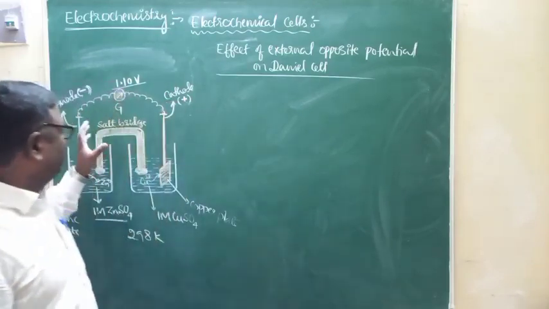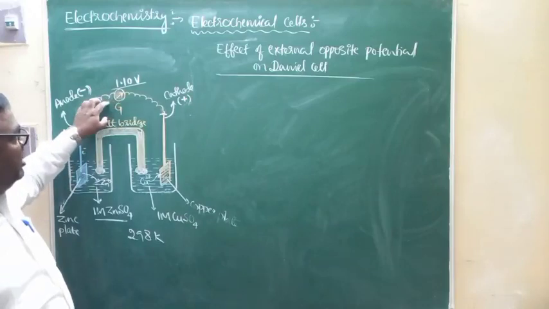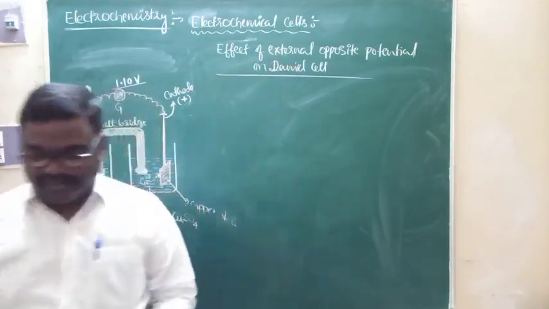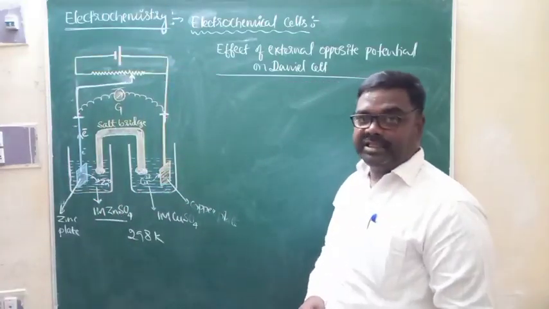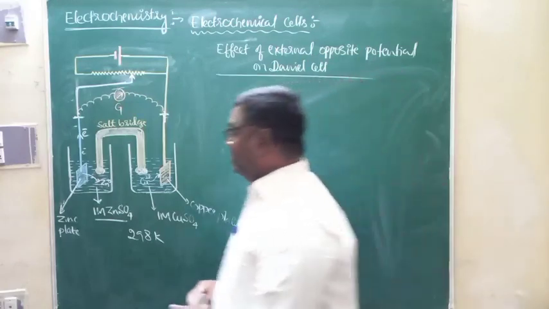For that purpose, let me make a slight modification in the diagram. I will explain this concept with a slight modification in this diagram. We'll see that. Let me study the effect of external opposite potential on the Daniell cell.